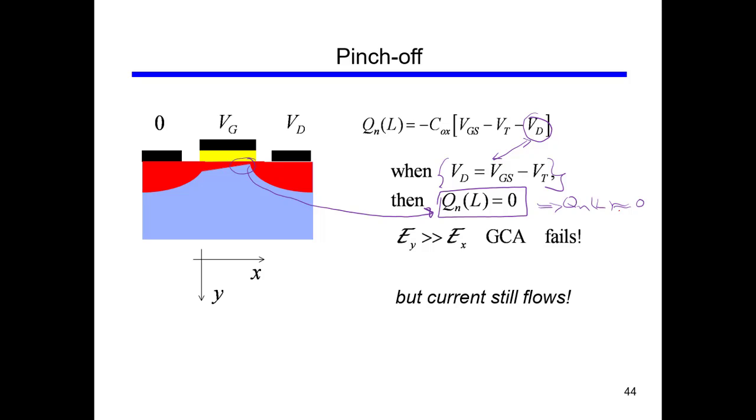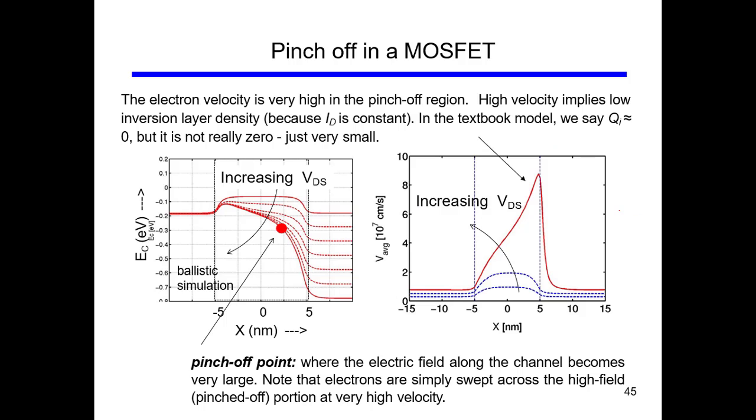We still have the current flowing, because the current should remain constant along the whole channel. You cannot have a discontinuous current. This point is confusing somehow, that the charge is zero but the current is not zero. We had a discussion on why this is the case, and we explained it from energy band diagrams.